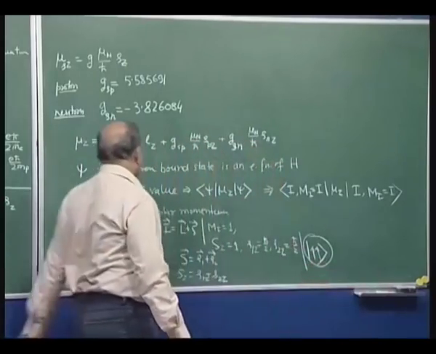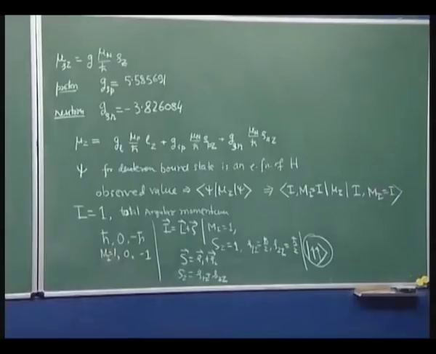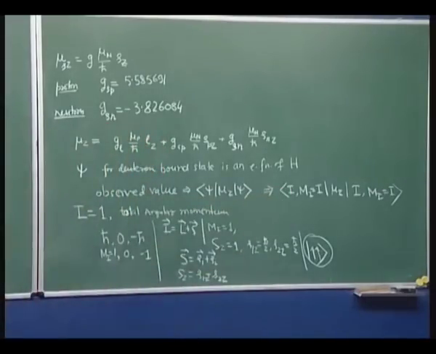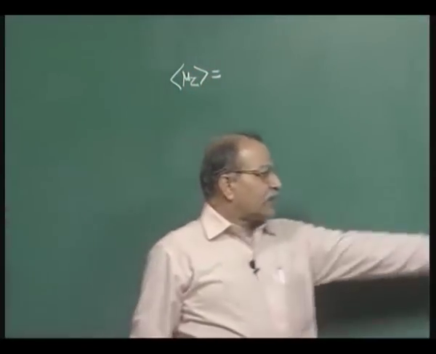So, let us now try to calculate this mu z. Let me write it this way: mu z equal to, this first part, the Lz part, is 0.